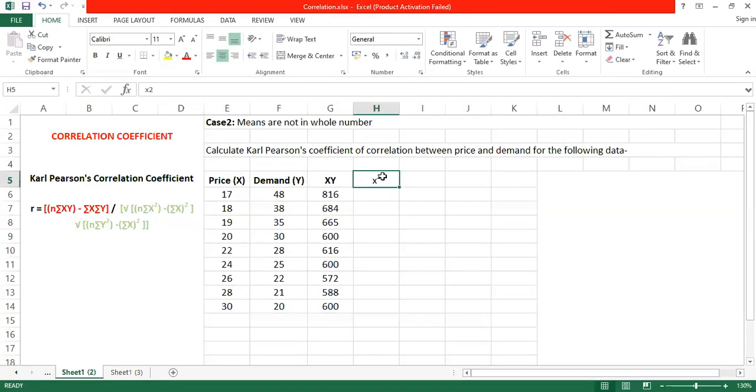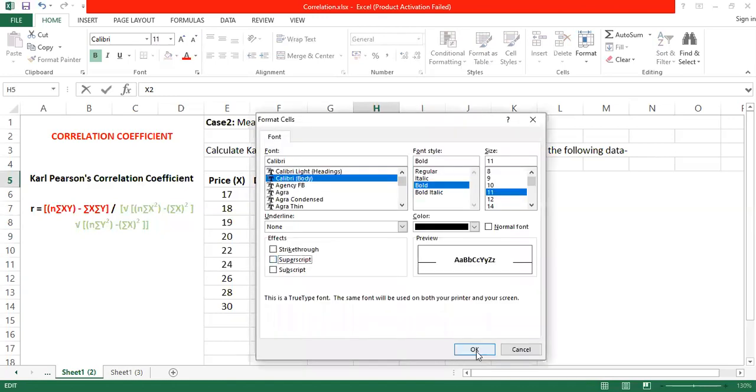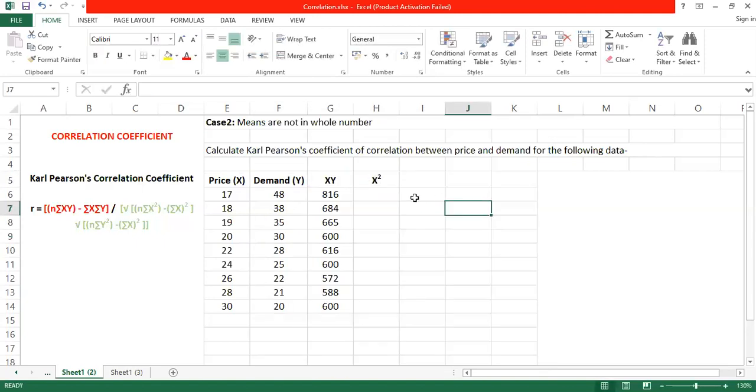So it is X square, right? Now X square means the value we need to get from the X column.